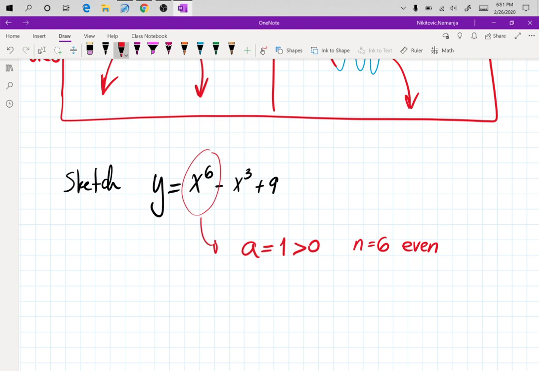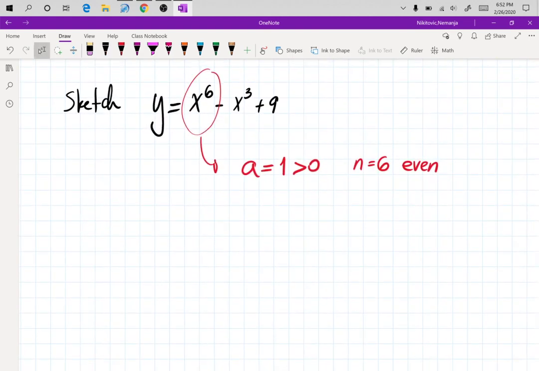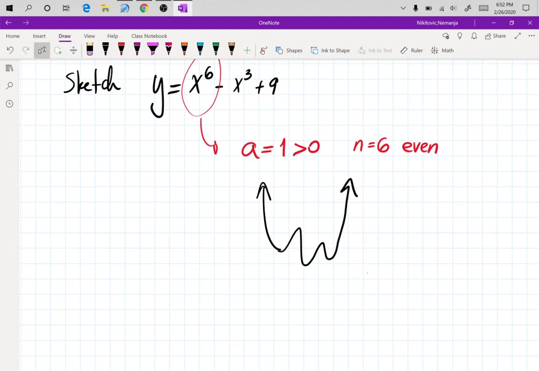Does that make any sense? Cool. So the graph for this, knowing these two pieces of information, is going to look something like this. I don't know whatever is in between, but it's going to look like that, right? Cool. So that's called the leading term test.